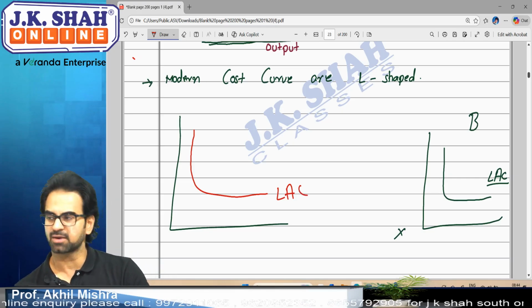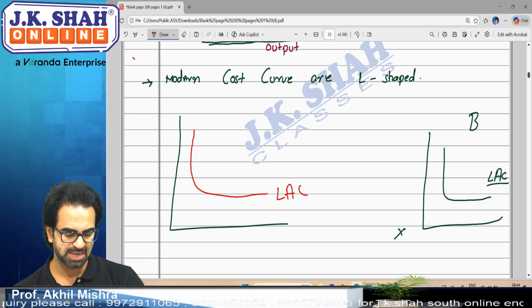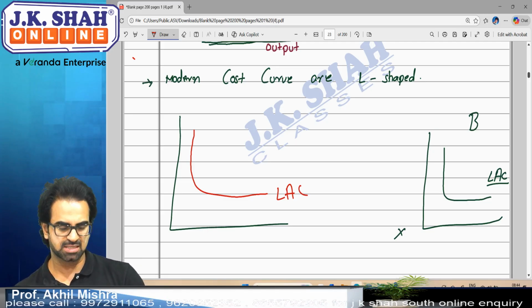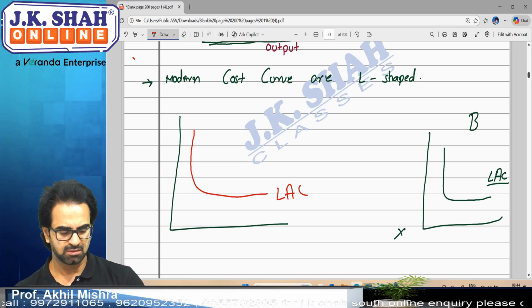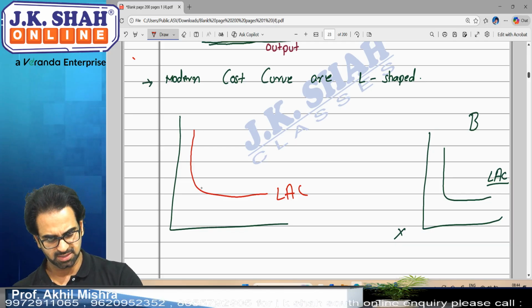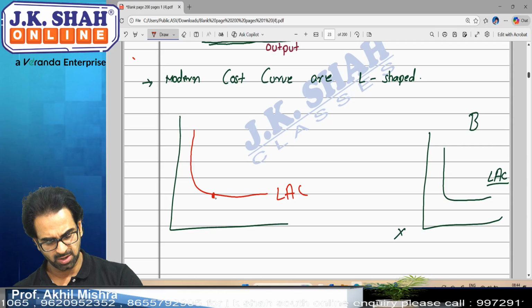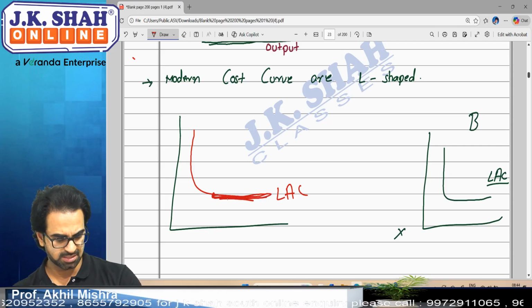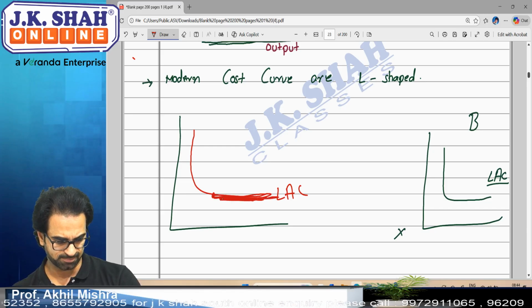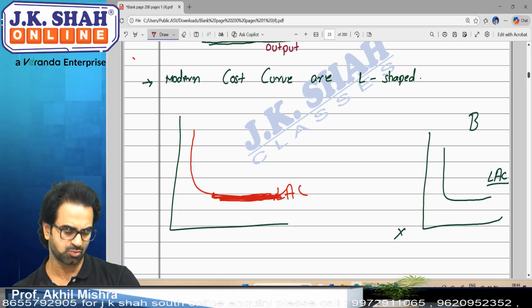It means in the first diagram, the cost comes down, that's nice, reaching the minimum. Again it starts rising, that's a problem. But here in LAC, cost comes down and reaches the least cost, very low, and stays at the least cost for a long time. You see the flat. It's not increasing.